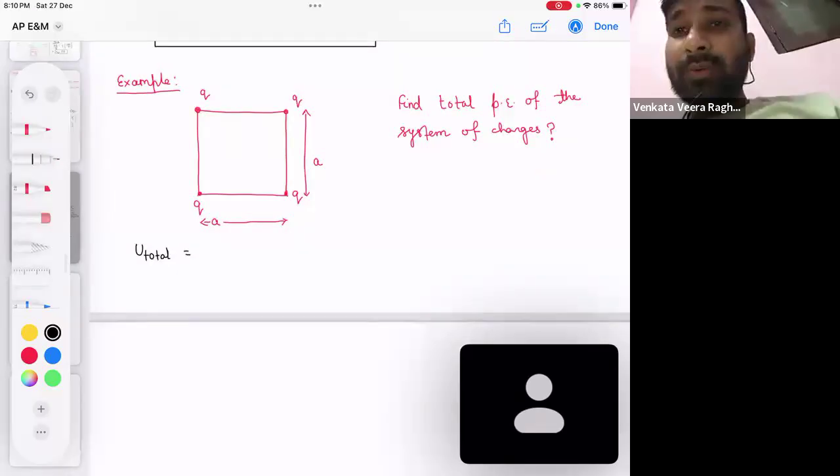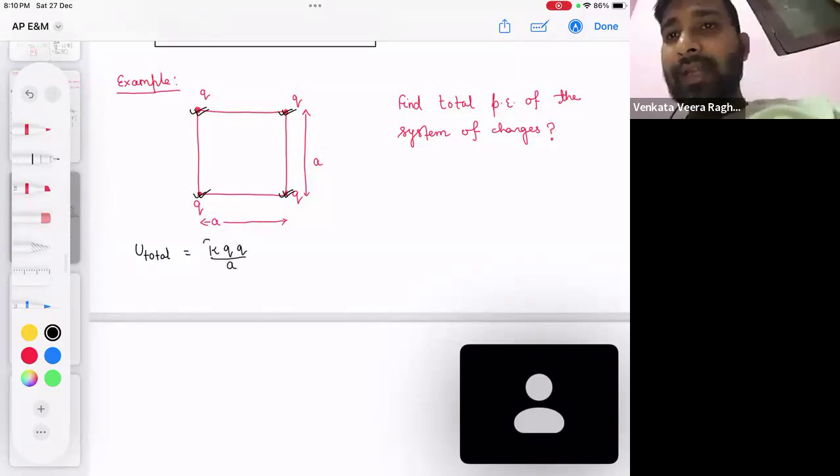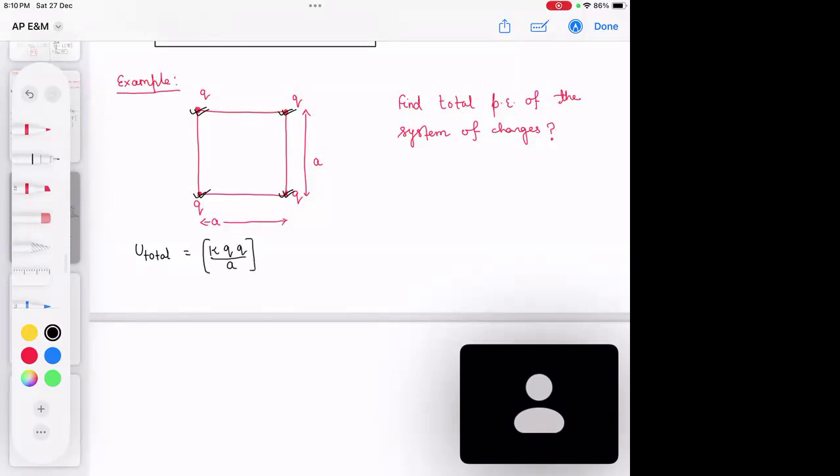See, these two are going to form one pair. This one and this one form another pair. This one and this one another pair, and this one more pair. So can I say the potential energy of that one is kQQ by a, times 4, since there are 4 pairs like that?